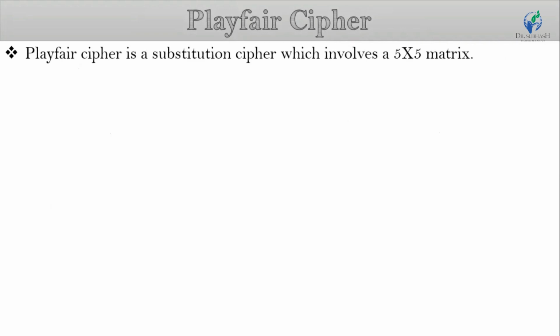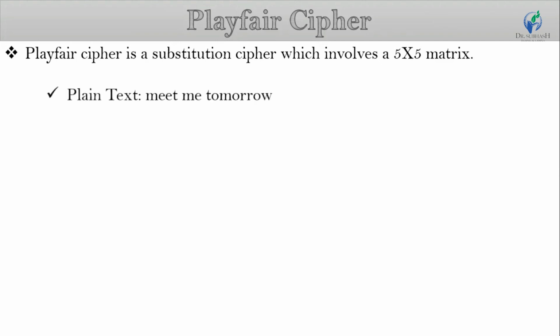Now I explain Playfair cipher. Playfair cipher is a substitution cipher which involves a 5 by 5 matrix. Let us discuss the technique of this Playfair cipher with the help of an example.